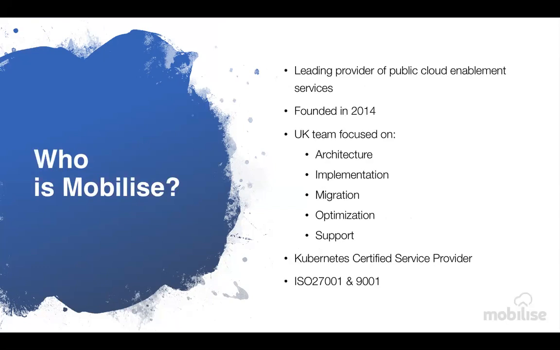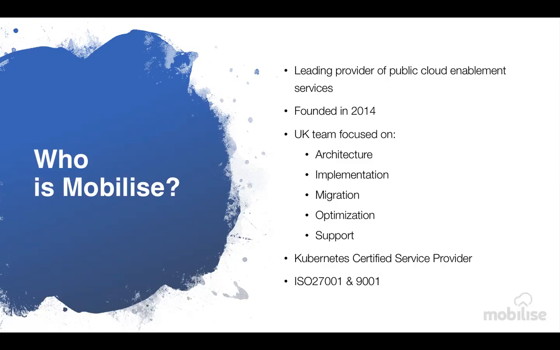So first of all, I just want to give you a bit of background about Mobilise. Mobilise is a leading provider of public cloud enablement services. This means that we help customers in their journeys towards the cloud, whether that be in designing, implementing, migrating, optimizing processes, but also providing managed services to help ensure that our customers get the most from their spend with public cloud providers.